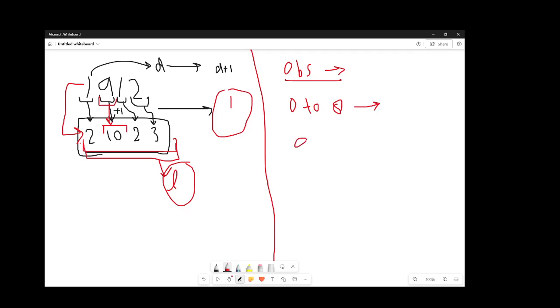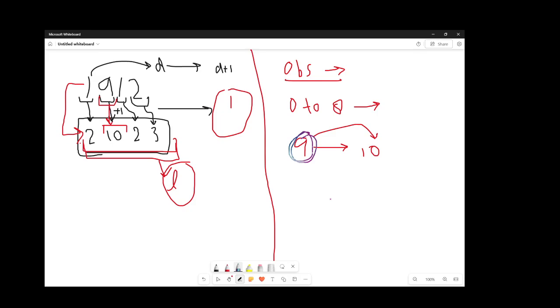But when the number is 9, it will increase its digits from 9 to 10 in one operation. So the only number we will be focusing on is 9. That was the observation of this problem.